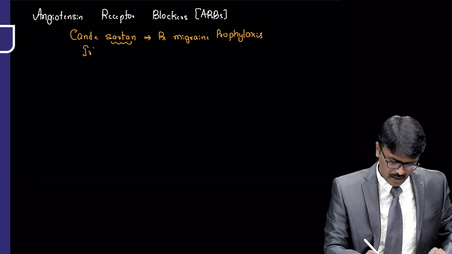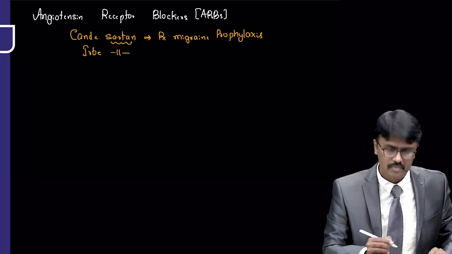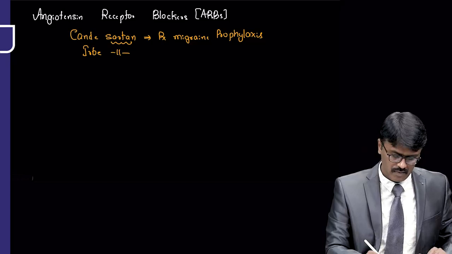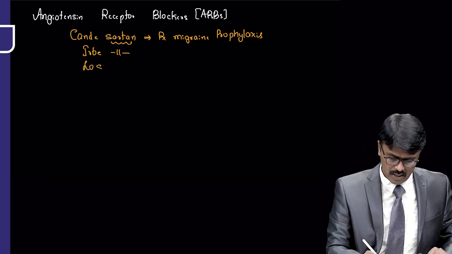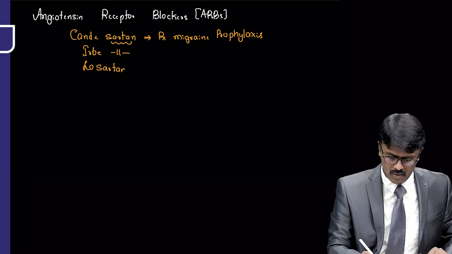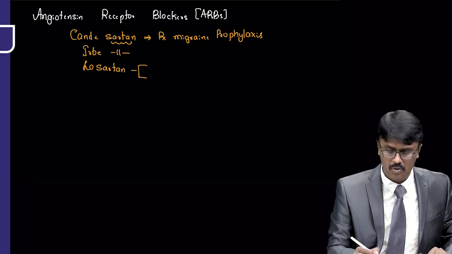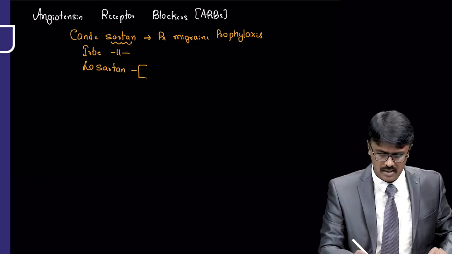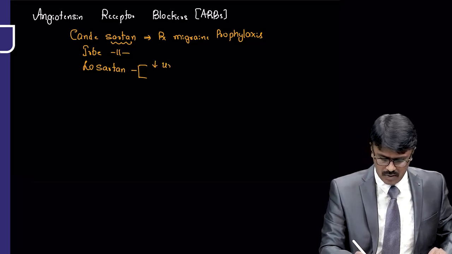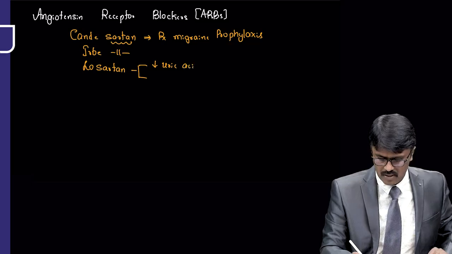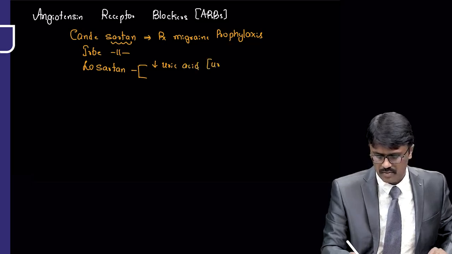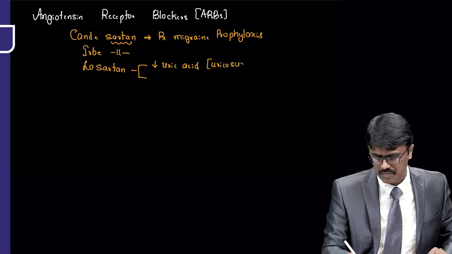Then we have irbesartan. Then we have losartan. Now losartan, remember, it lowers two things. It decreases uric acid, because it has uricosuric action.